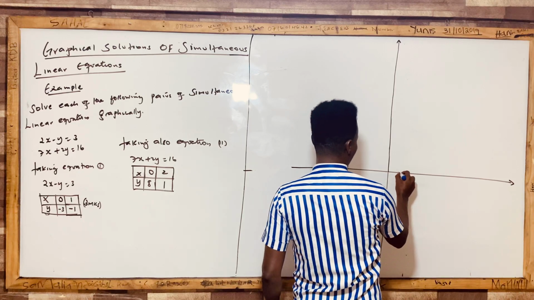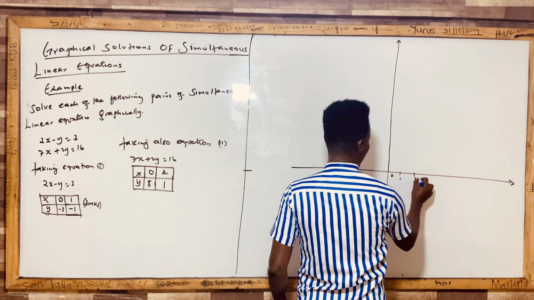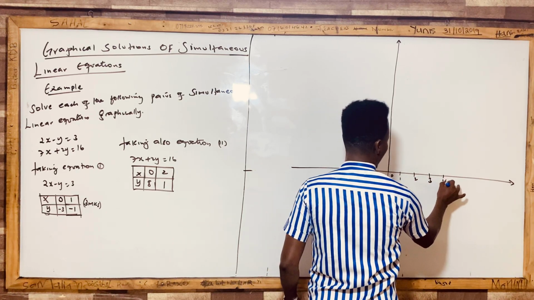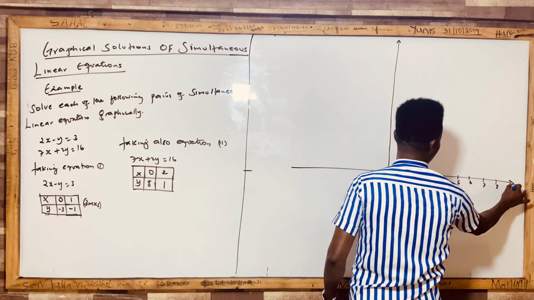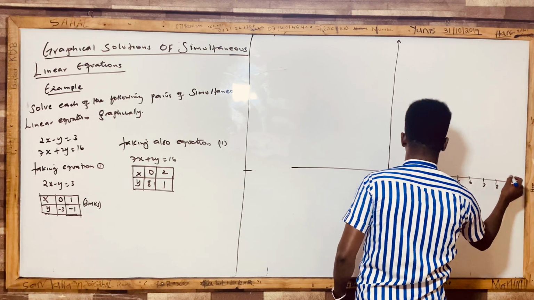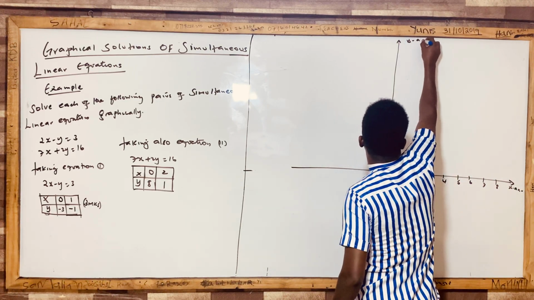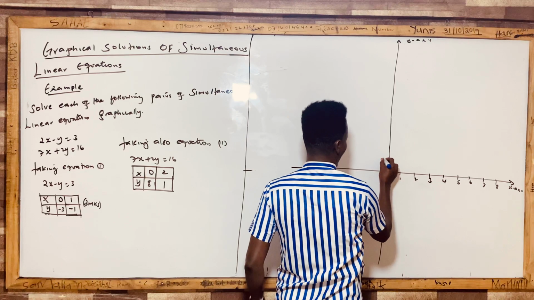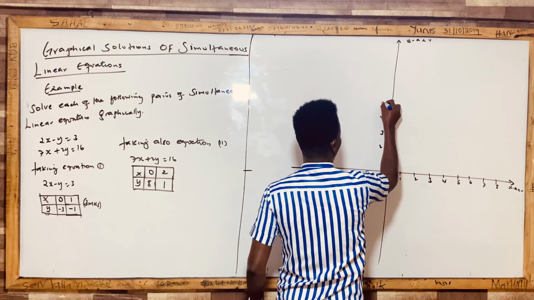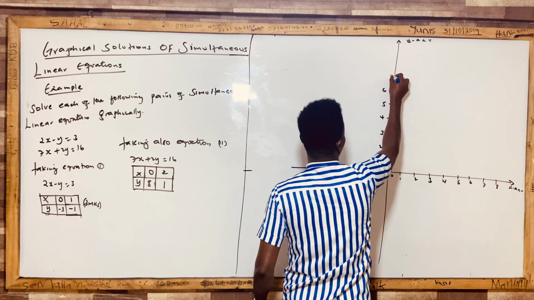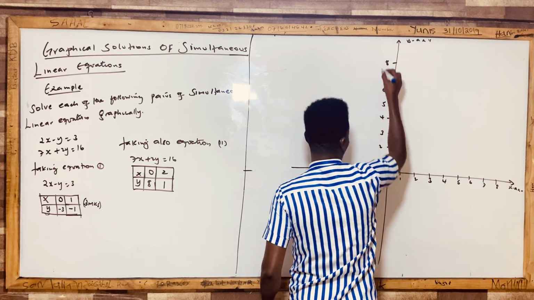This is 0, 1, 2, 3, 4, 5, 6, 7, 8 on the X-axis. Here, the Y-axis. The length: 1, 2, 3, 4, 5, 6, 7, 8.